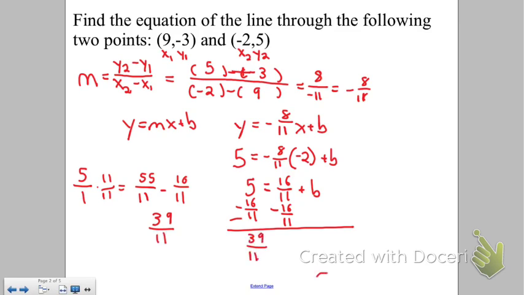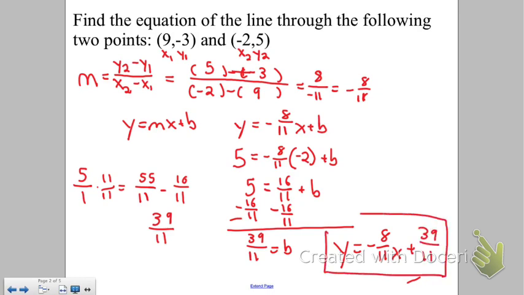So 39 over 11 equals b. I can just leave that number as a fraction. So my equation would be y equals negative 8 over 11 x plus 39 over 11. It is okay for your y-intercept to be a fraction or a decimal.